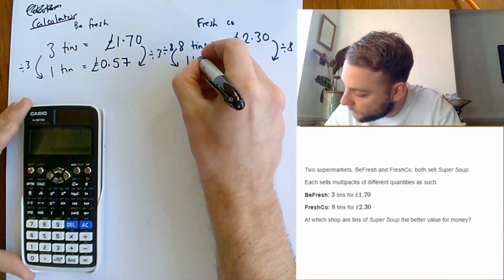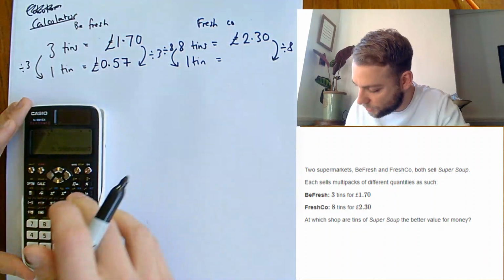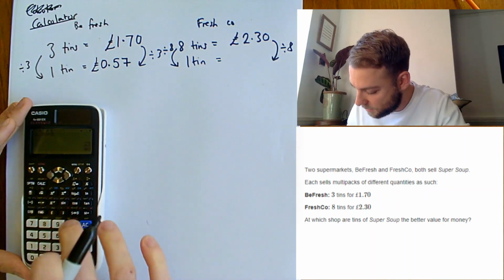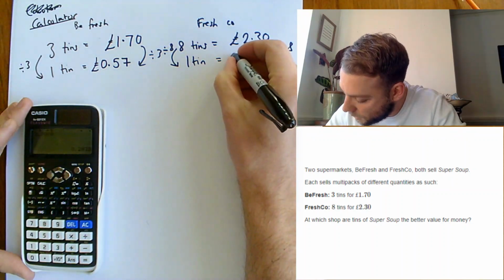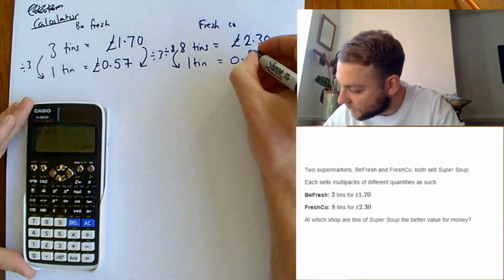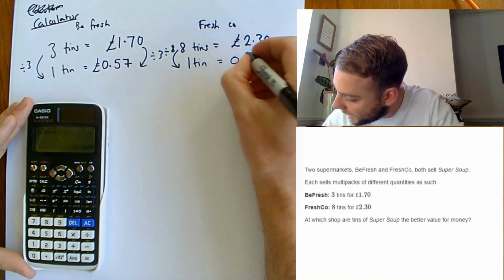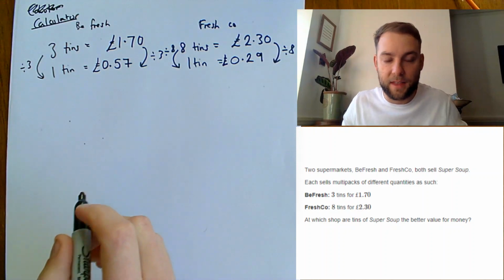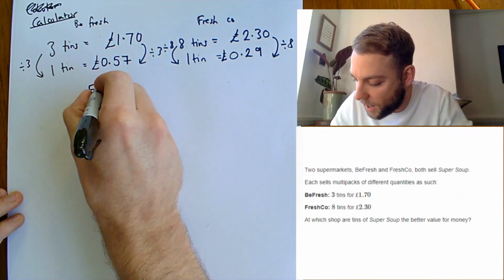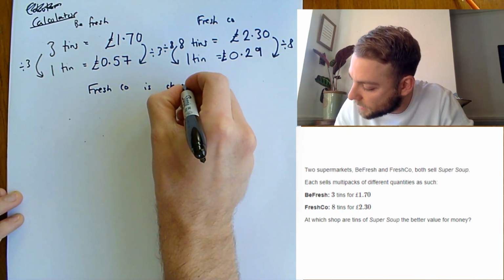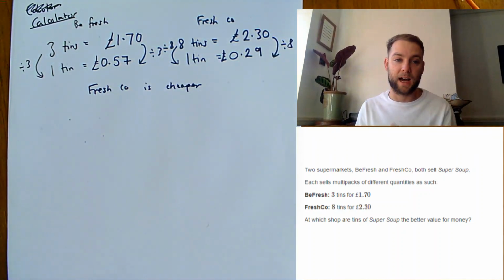So 1 tin for this one is going to be equal to £2.30 divided by 8, which is actually 0.2875, so that's going to be 0.29. Okay, so we can see there that Fresh & Co is cheaper. So that's the way to do it if you've got a calculator.